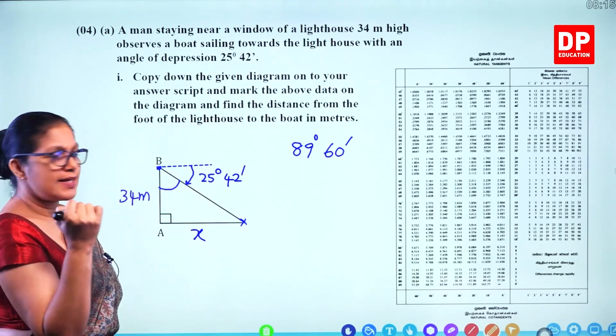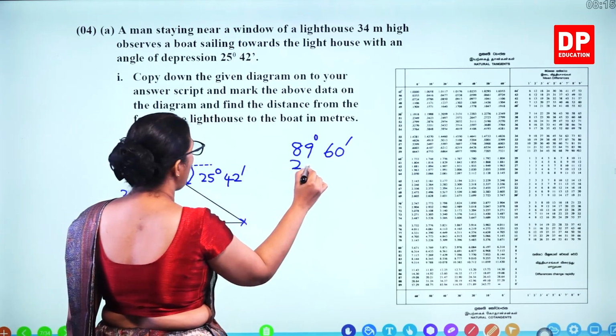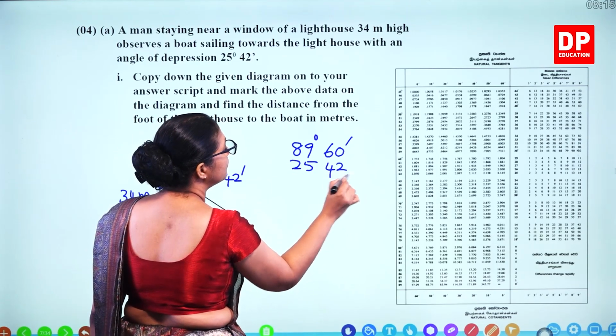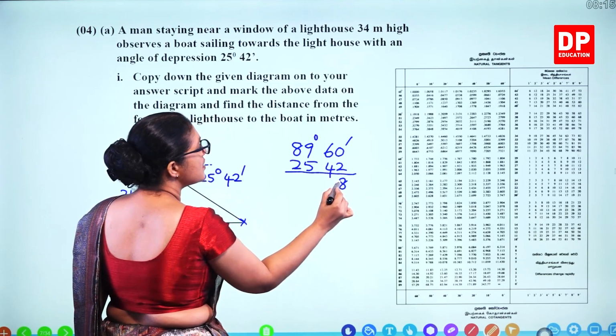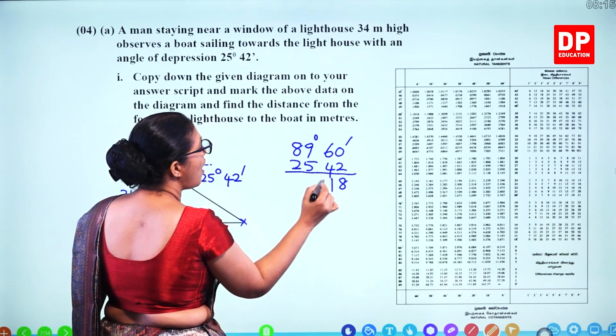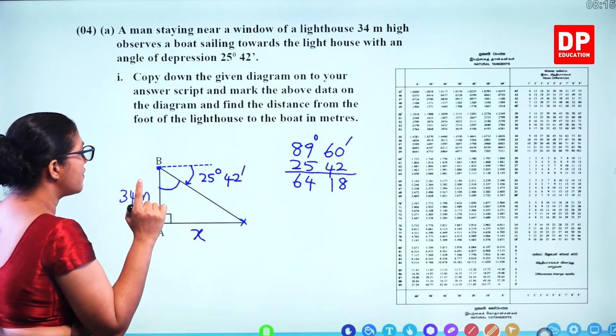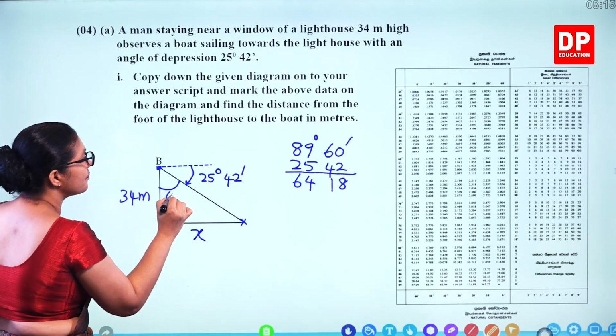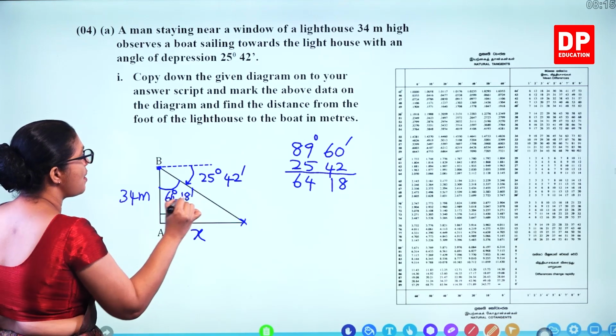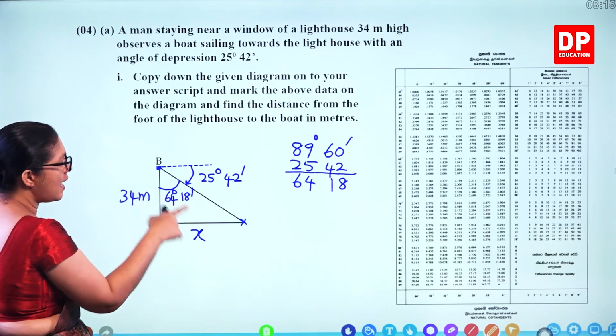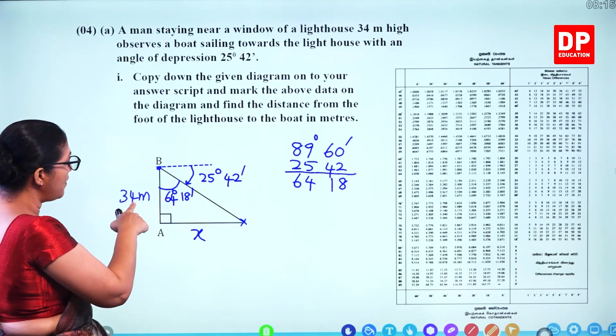Now subtract 25, 42. You get 64 degrees and 18 minutes.